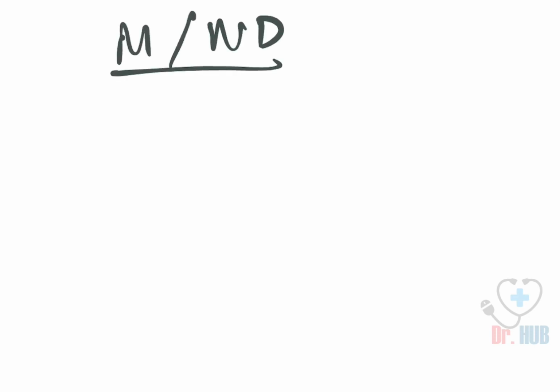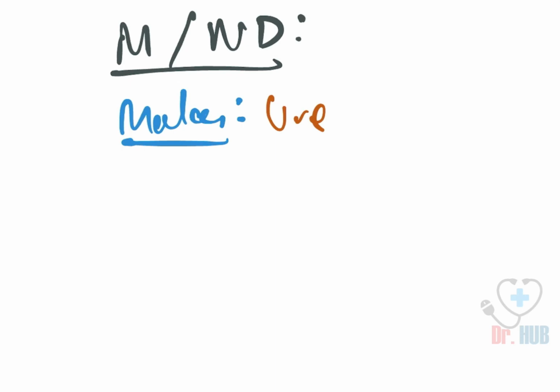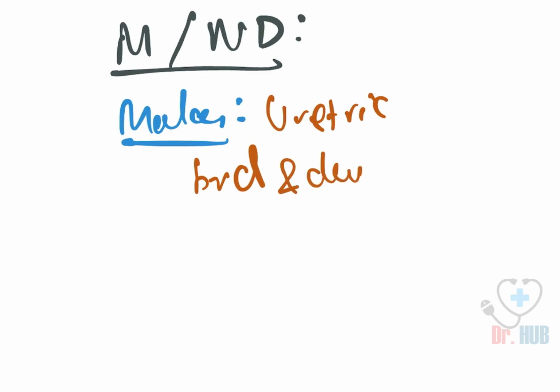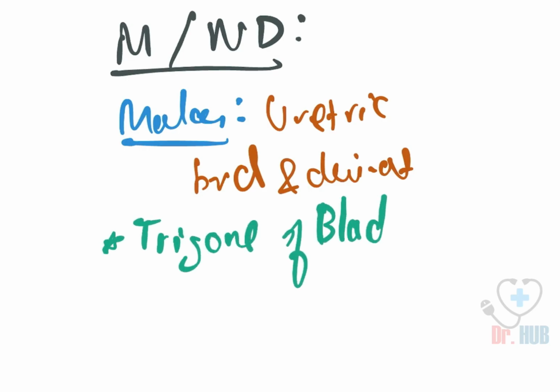So we are looking at the structures which arise from the mesonephric as well as the Wolffian duct. So in case of the males, the structures include the ureteric bud and derivatives. Next is the trigone of the bladder.